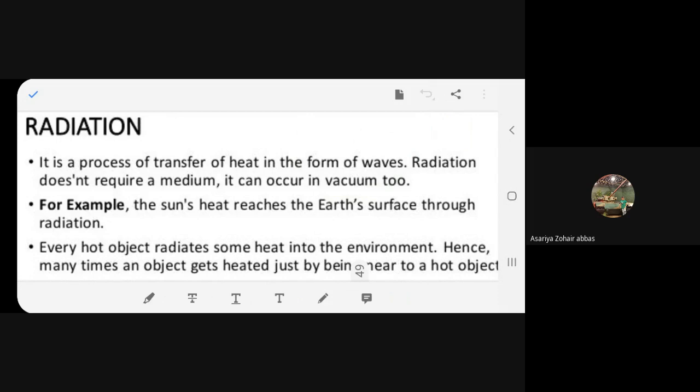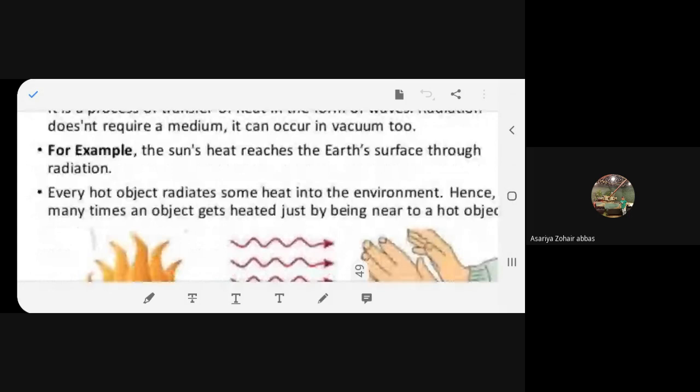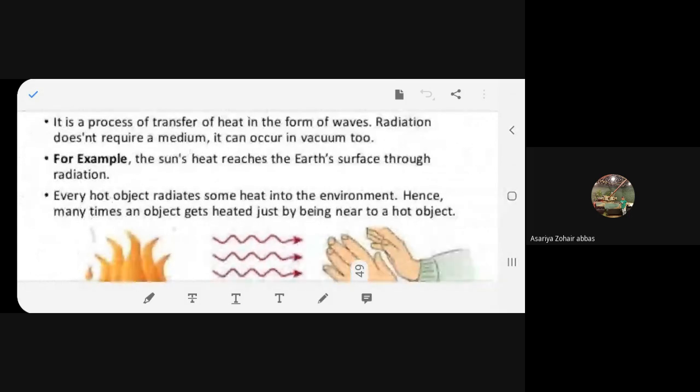Okay? So what is the example? Sun's heat. So how is it reaching the earth? By radiation. We already know that the sun radiates energy. There are other objects also which give us energy.